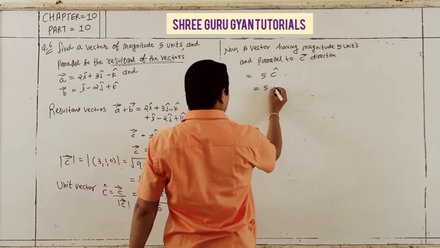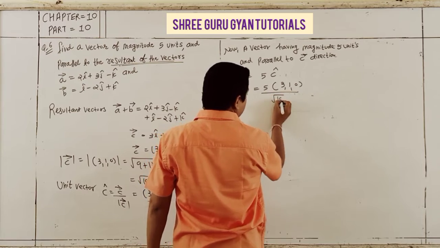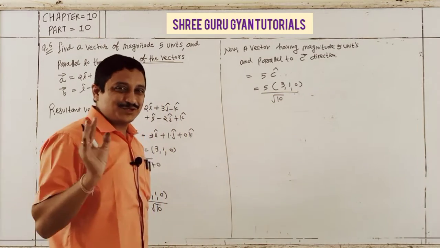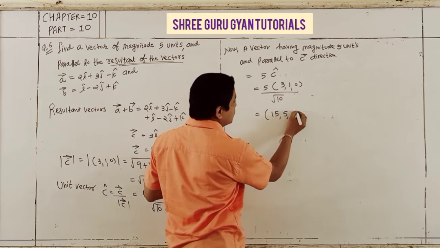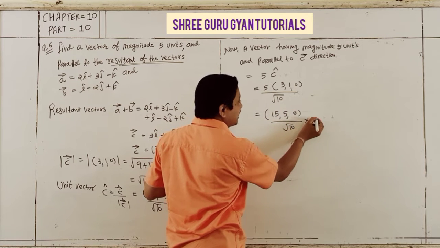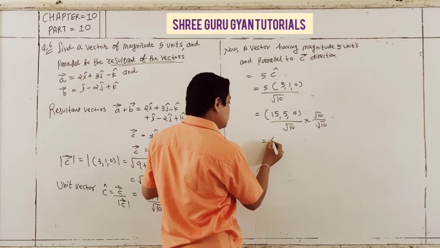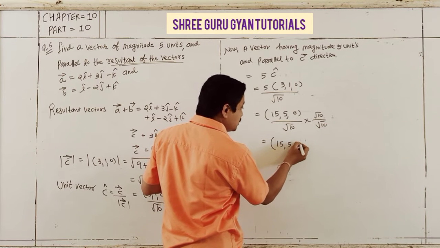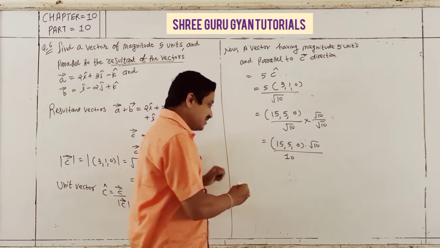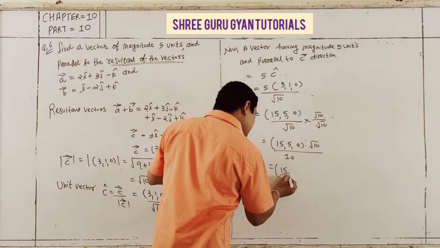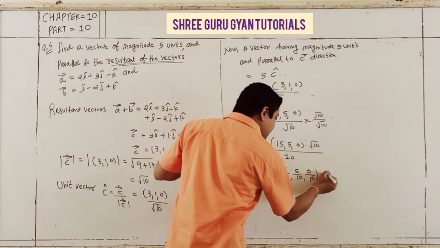It is C cap, you know that, 3, 1, 0 by root 10. You multiply and divide by root 10 to rationalize. So 15, 5, 0 times root 10 by 10. Just divide: 15 by 10, 5 by 10, 0 by 10.